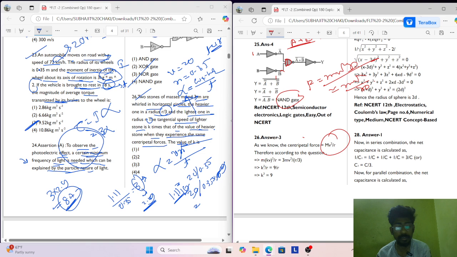So m will cancel out, v square will cancel out, R will cancel out. This 3 will come out, sorry, not cancel out, it will be the reciprocal, 9. So 9 equals K square. So K will be equal to 3 only, no? K will be equal to 3.